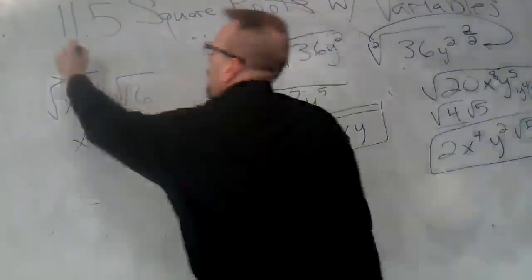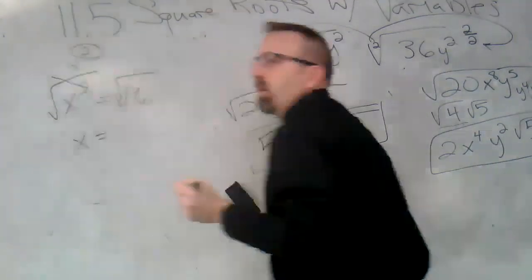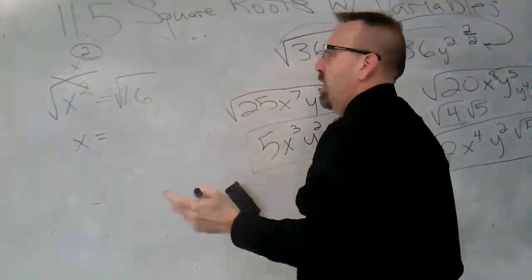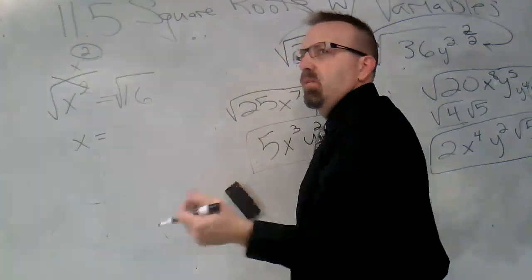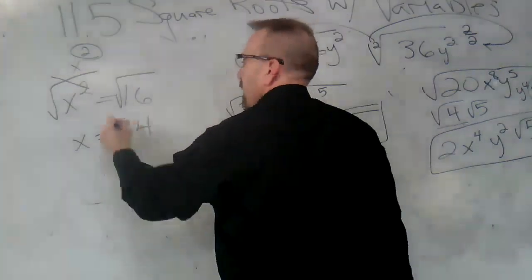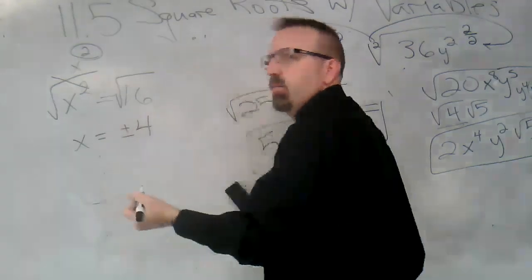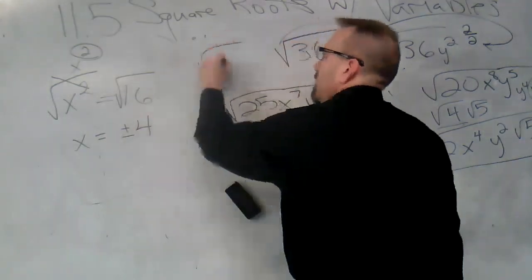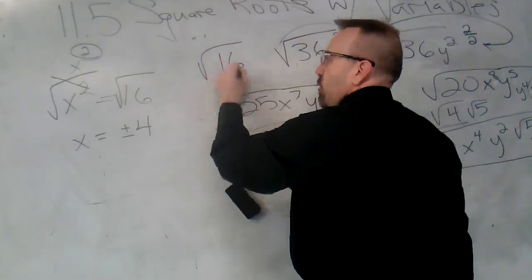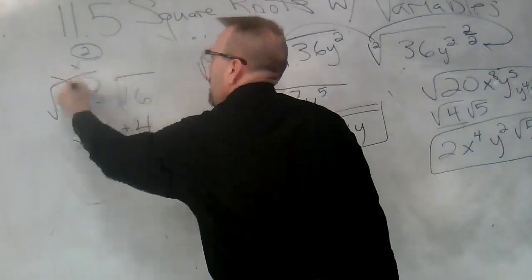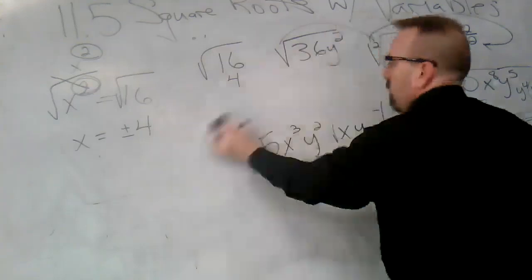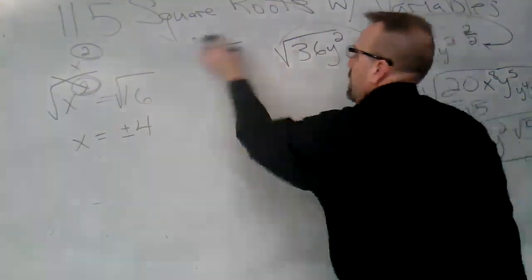Because going back, how many answers does it say we should get? 2, because of our power. So what number times itself is 16? 4 or -4. So we're going to write it just like that. If it's just like this, our answer is just going to be 4. But if it's one where it's an equation and it tells us how many solutions, we're going to write both the positive and the negative.